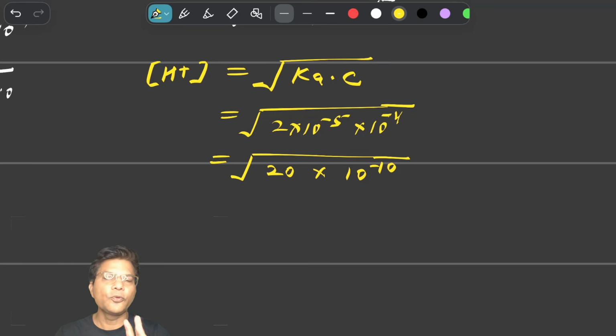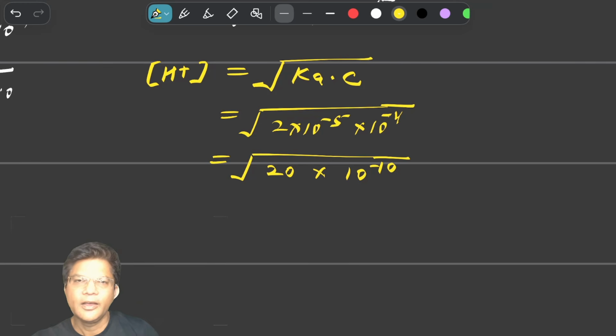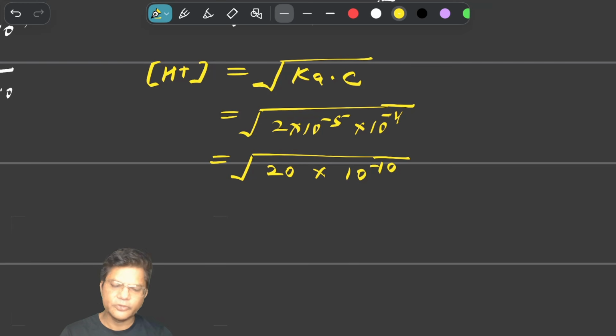So you know 4 4s are 16, 5 5s are 25. So somewhere in between, the square root of 20 will be how much? If you apply a calculator, it must be in between 4 and 5. Let's see, kids, the square root of 20.